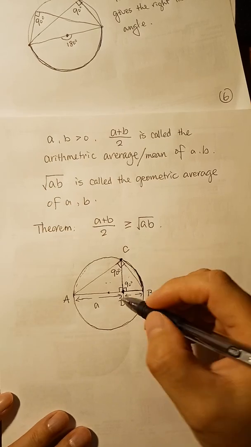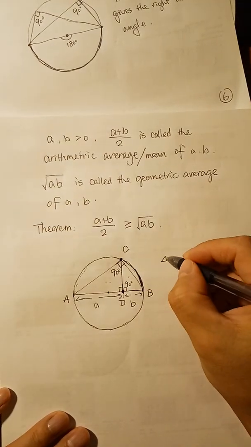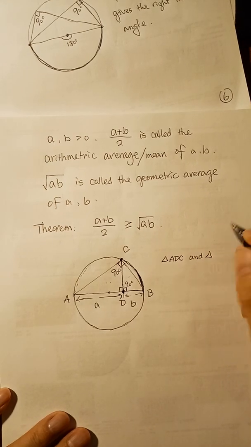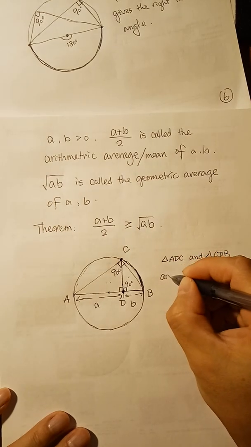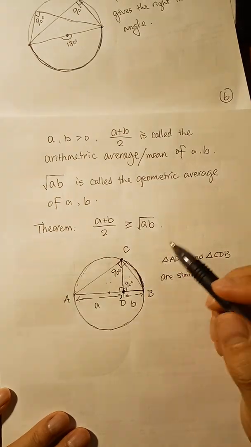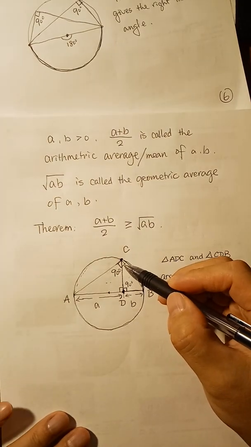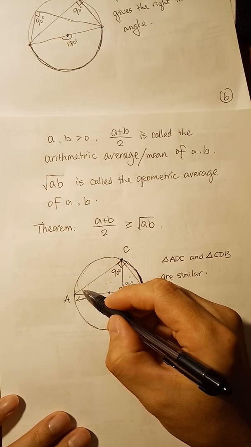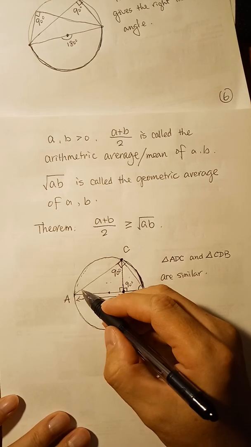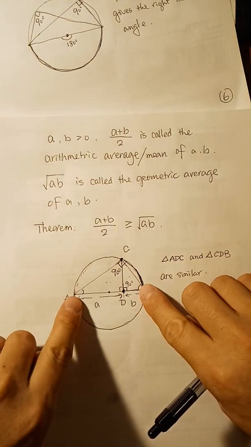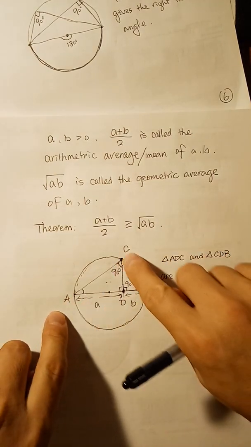For the similar triangles, triangle ADC and triangle CDB are similar. Why are they similar? This is a right triangle, so this angle plus this angle is 90 degrees. B plus A is 90 degrees because the large triangle ABC is a right triangle.